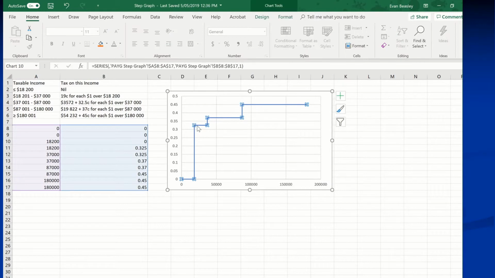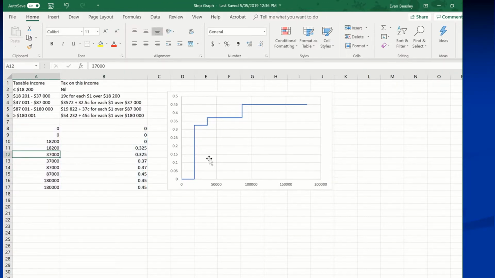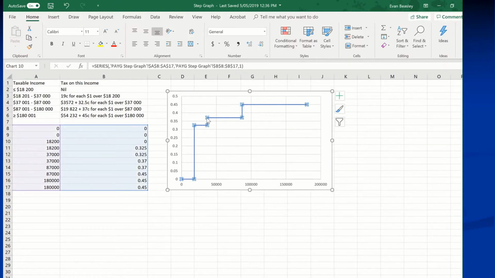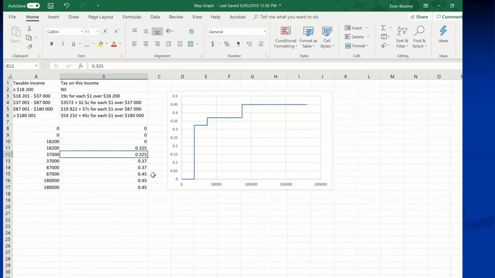So that's what this is indicating here. From 18,200 all the way up to about 37,000, you are being charged this amount here, which is 32.5 cents. Now, once we get to 37,000, which is indicated by this spot here on the graph, we are going to be charged 32.5 cents at the start, and as soon as you hit $37,001, you're going to be charged 37 cents in the dollar.